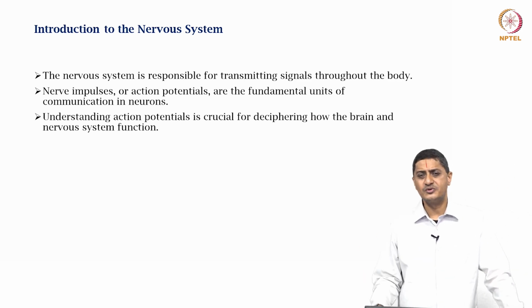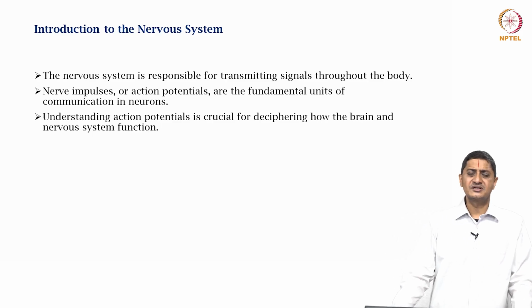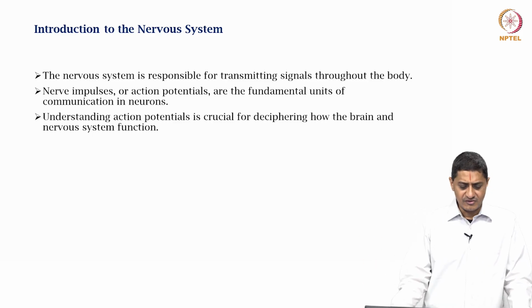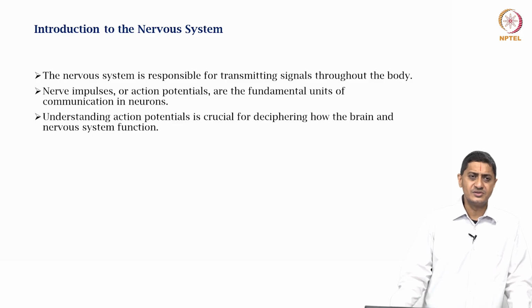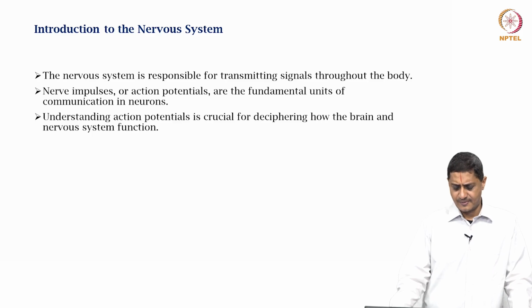What happens between neurons is the subject of future videos. For now, we restrict our attention to communication within a neuron. Understanding how this communication happens through action potentials is critical for deciphering how the brain and nervous system function.